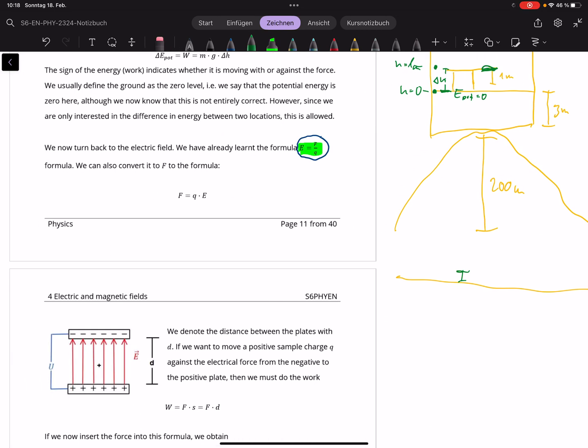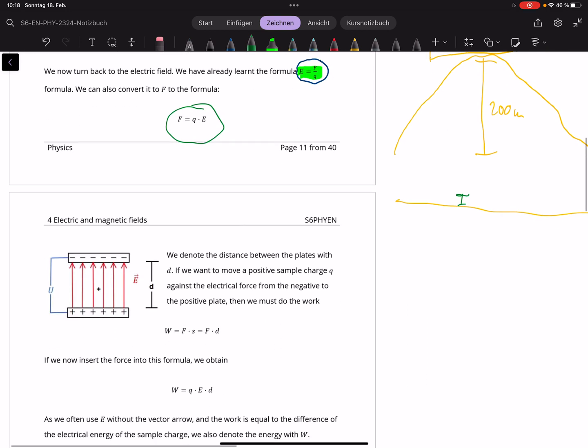And so now we can describe the electrical field that is generated around a charge independently from any other charge. And we can manipulate the formula, and then we get an expression for the force itself.